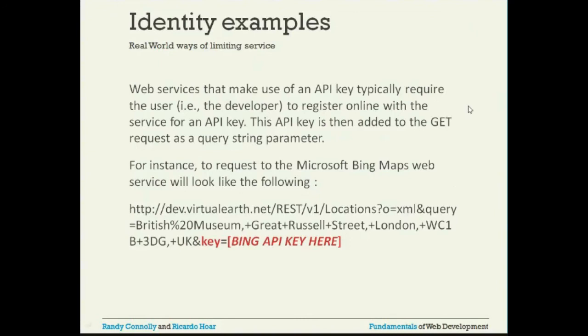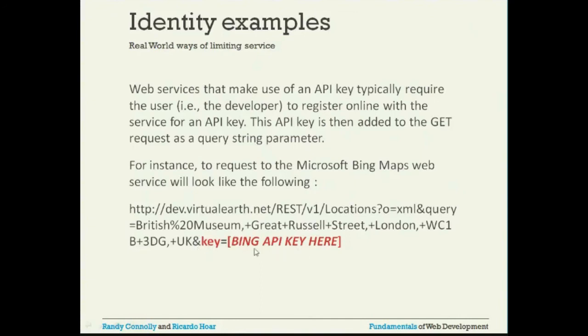Web services that make use of an API key typically require the user, that is the developer, to register online with the service for an API key. You have to register online so that you can get the API key. The API key is then added to the GET request as a query string parameter. So here is the example. This is for the Microsoft Bing Maps web service. This is the complete URL you have, and here is the address, and after the address you are sending the key.